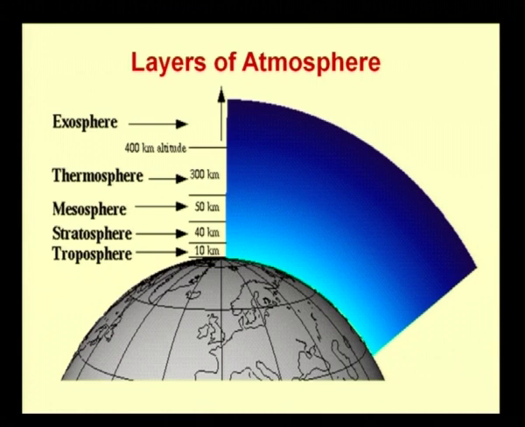devastating. See the diagram, what are the layers of the atmosphere. The bottommost layer, the troposphere, is hardly some 10 kilometers. Then comes the stratosphere up to 40 to 50 kilometers. Then comes the mesosphere, then the thermosphere, and the last, the exosphere.